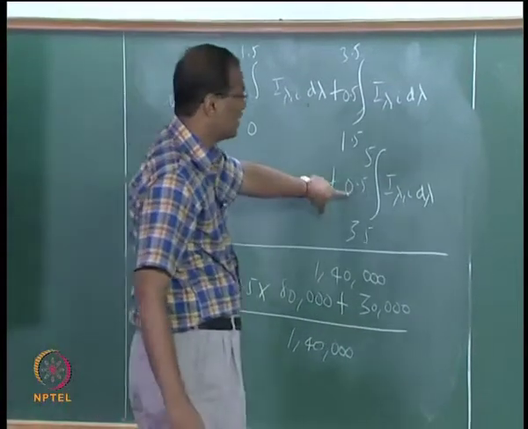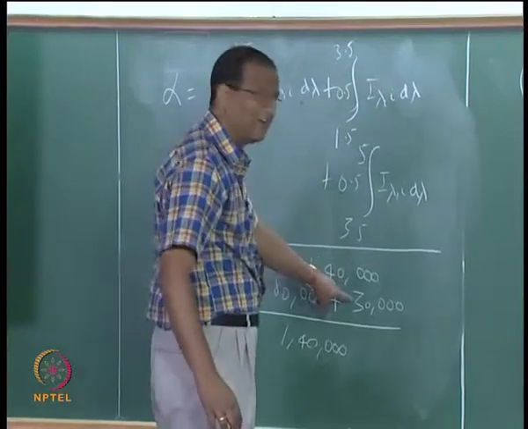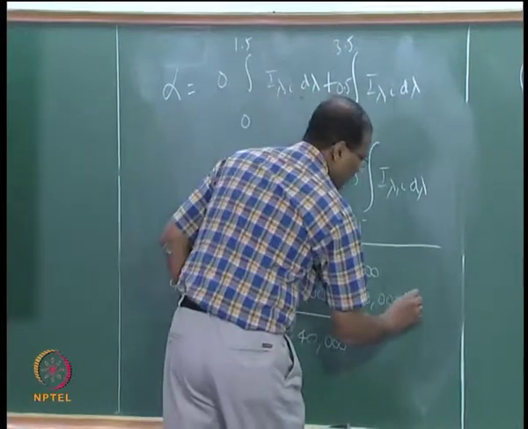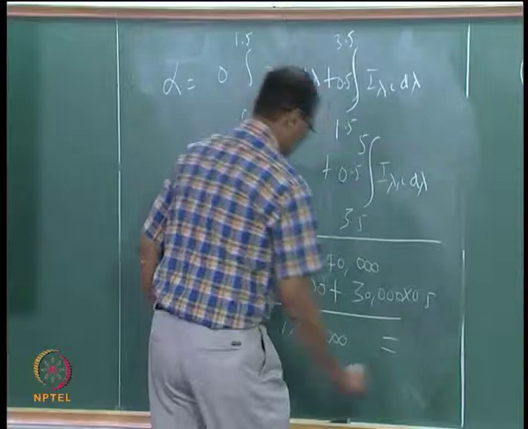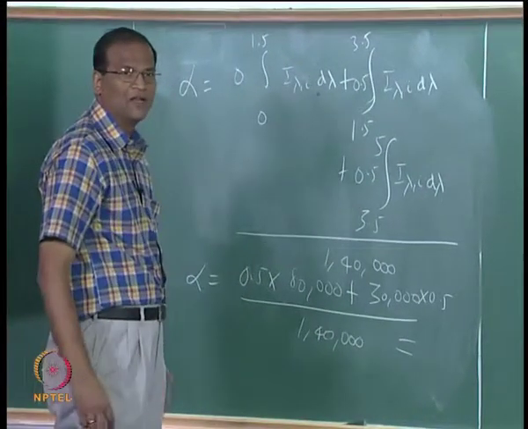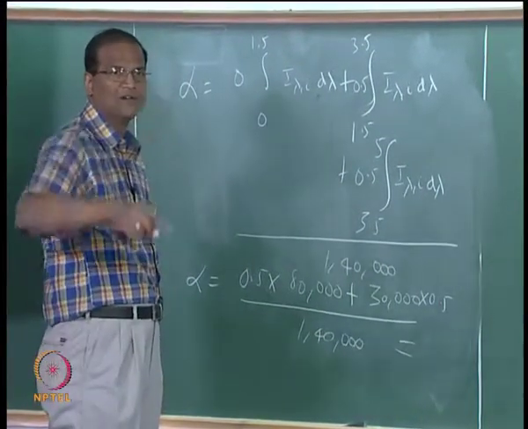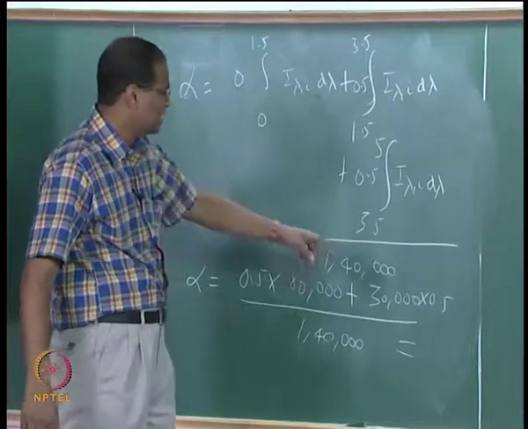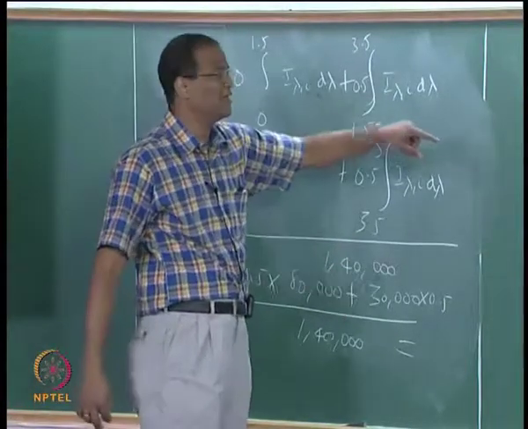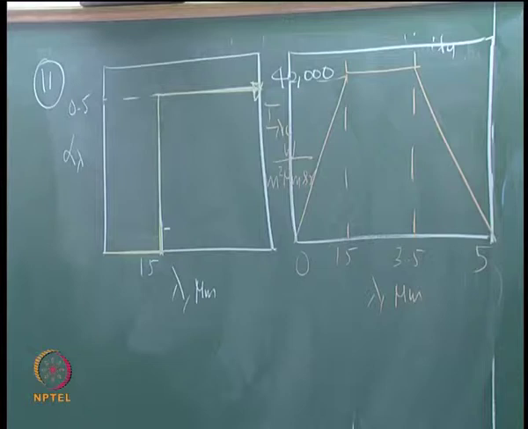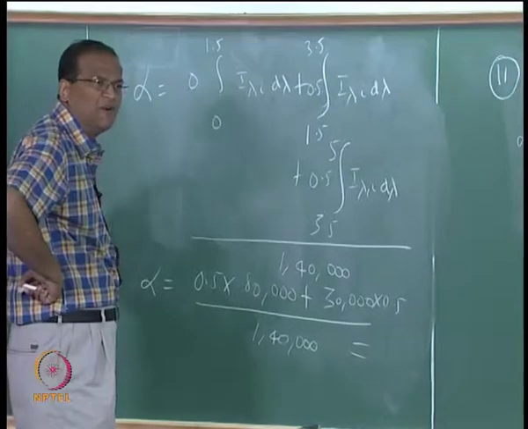No, this 30,000 is the area under the curve, but you should multiply it by the absorptivity, right? 0.5. Yeah, now you got 55,000 divided by 140,000.